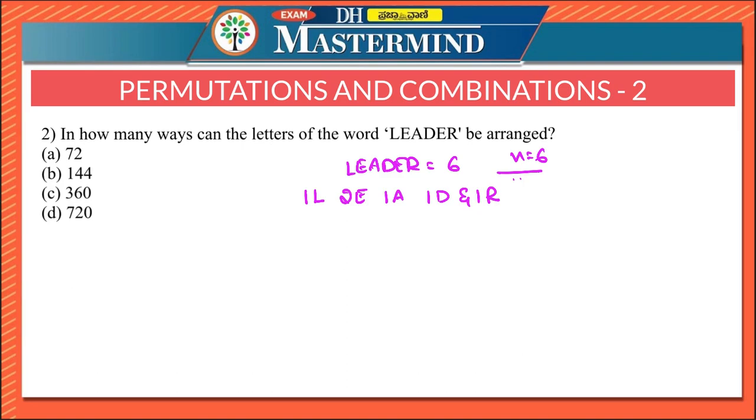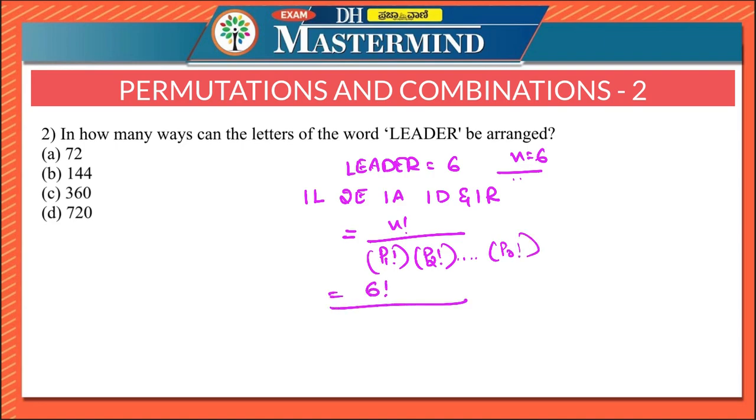The required number of ways will be calculated using the earlier formula, n factorial divided by p1 factorial into p2 factorial up to pr factorial. So here it is 6 factorial divided by 1 factorial into 2 factorial into 1 factorial into 1 factorial into 1 factorial.